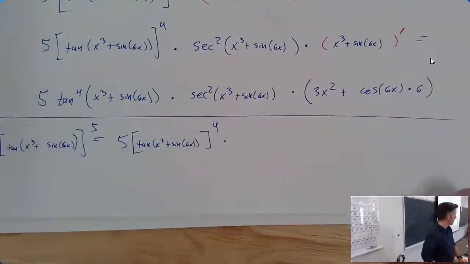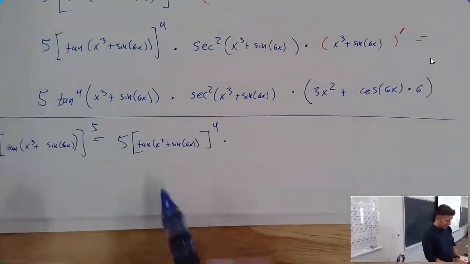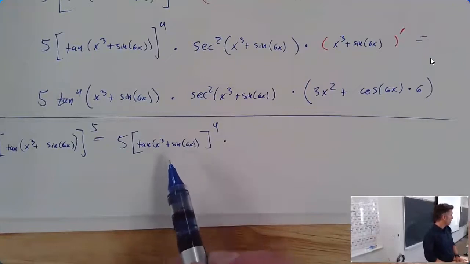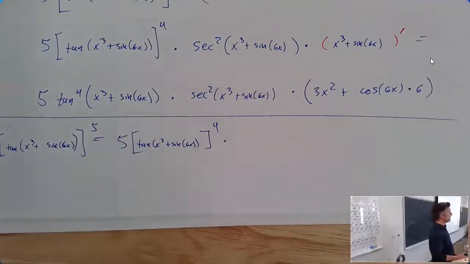But the derivative of the inside is a whole new complicated function, right? I have to take the derivative of tangent of x cubed plus sine of 6x, which requires the chain rule again, because it's still a composition of functions or a function of a function.